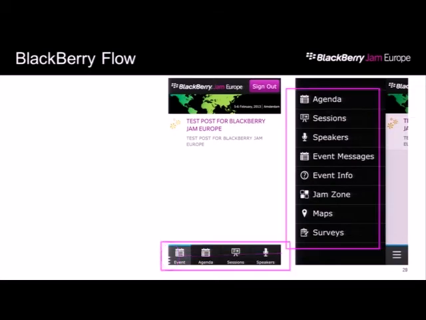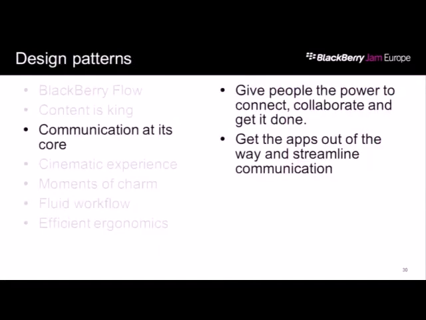The tabs along the bottom are the main part of the action, and they are redundant on the side, so you can see the rest of the menu, the overflow menu. That was the conference app that was built for this conference, and that was done in WebWorks.